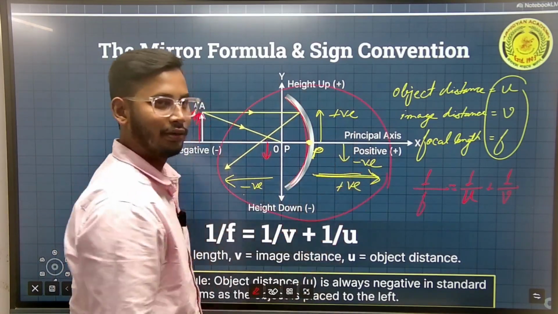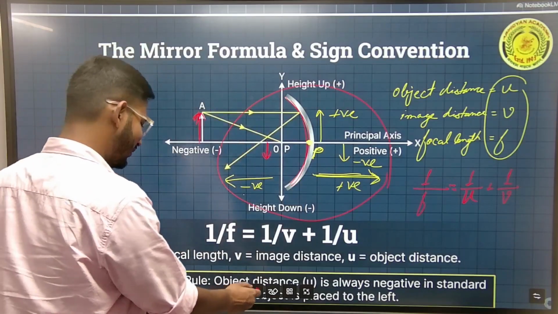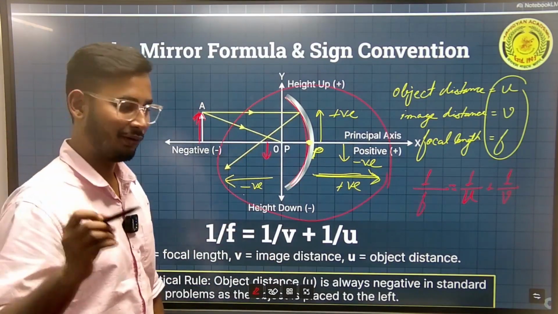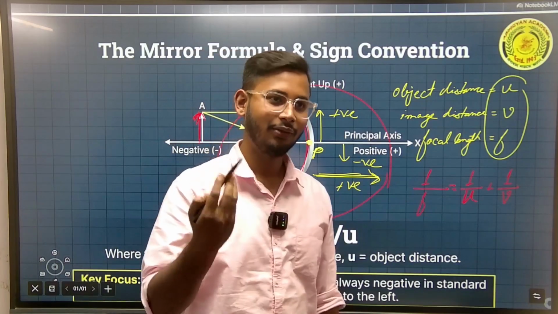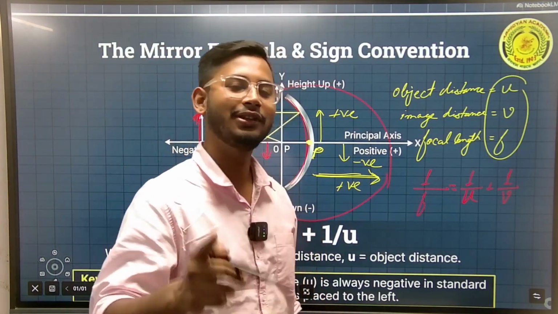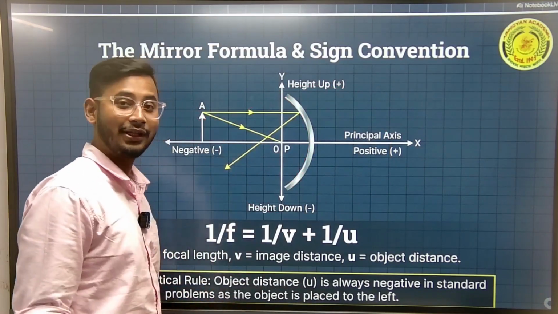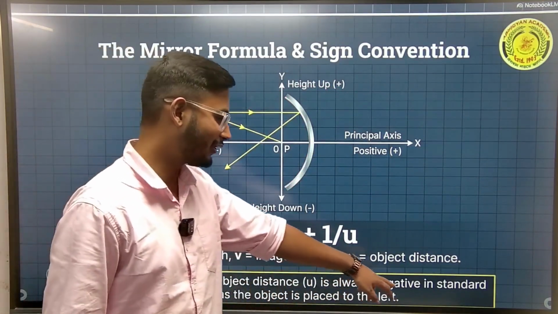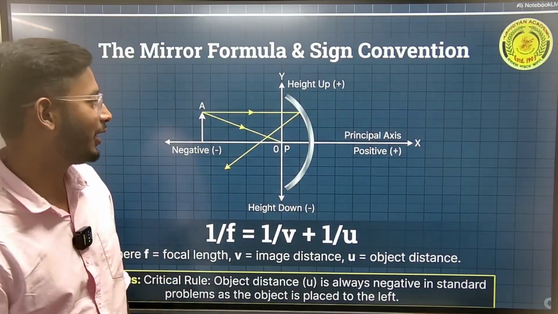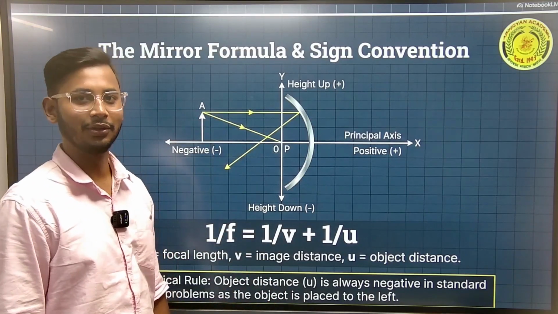And always remember that object distance is always negative, since we place the object always to the left side of the mirror. So that's why object distance is always negative. Remember this. And while calculating, always use sign convention rules.